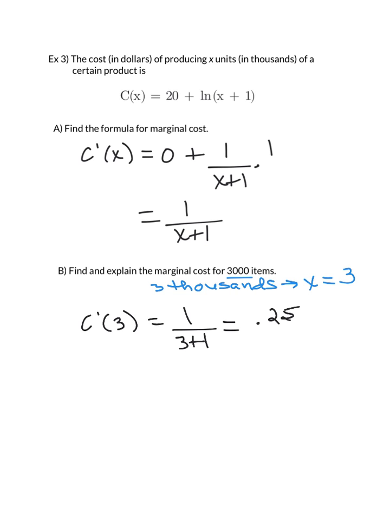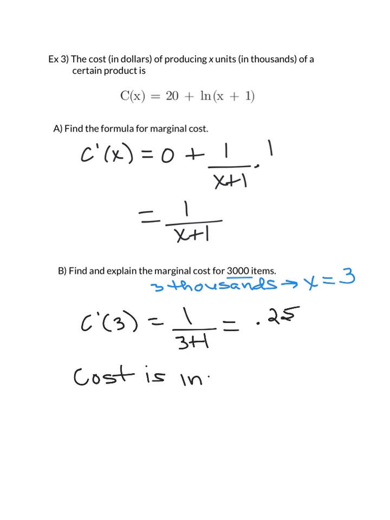So what does that mean? If it's $0.25, that means that it's 25 cents. So the cost was a positive 25 cents.